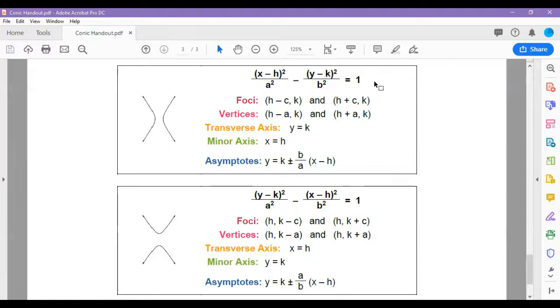So there's a connection there. Again, we have our pieces x minus h, y minus k. And what's different is that order is important since we're subtracting now.